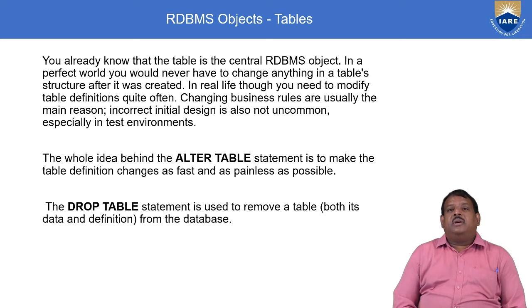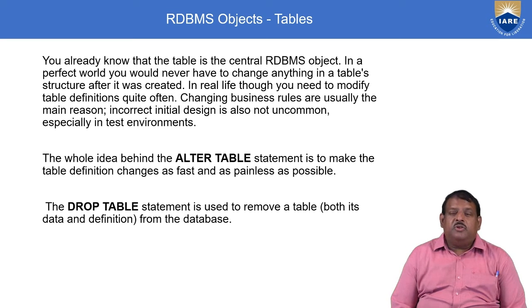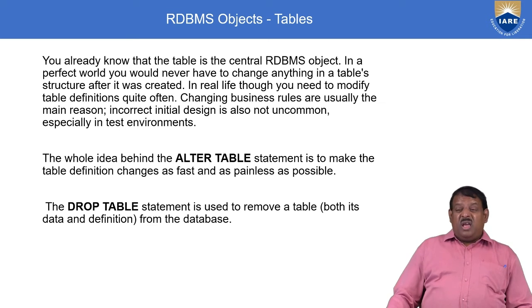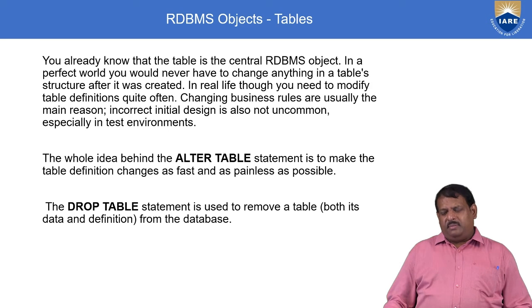A drop table statement is to remove a table. Both its data and definition would be deleted. Suppose you have a table which is not being used at all. Initially, you created a table called fees overdue, thinking there might be a case where a student will be paying more than the actual fees.